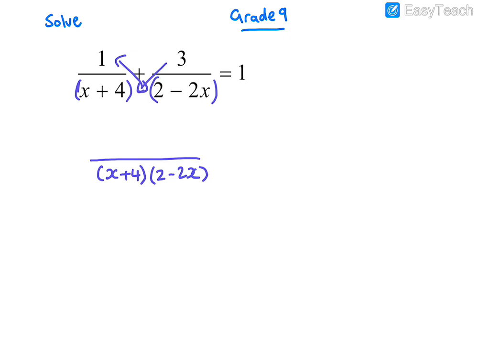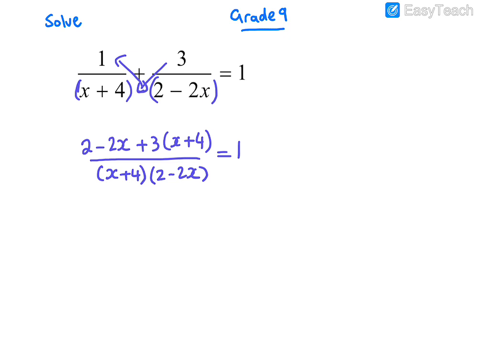So 1 times 2 minus 2x is going to be 2 take away 2x. And then we have 3 lots of x plus 4, and that equals 1.